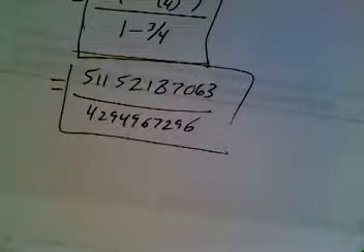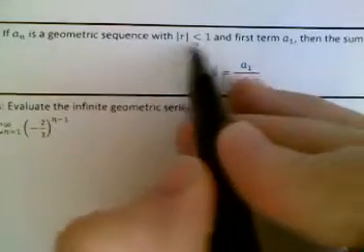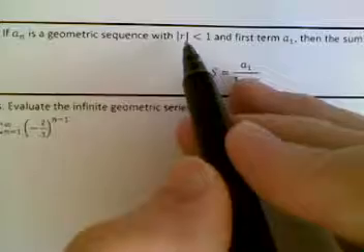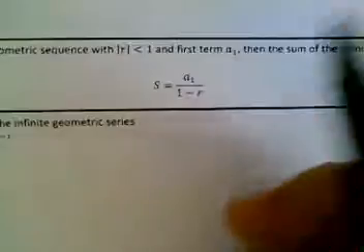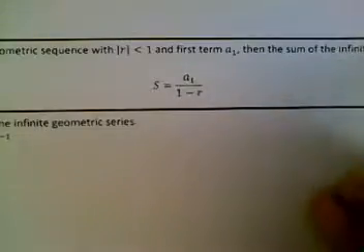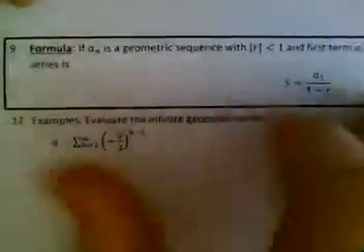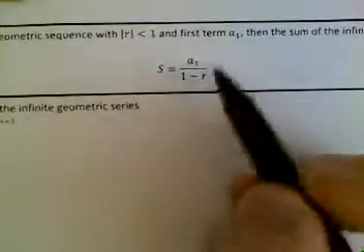Now, you'll notice these numbers have gotten progressively worse as we started playing with them. Well, if we look at formula number 9, if a sub n is a geometric series with r being less than 1 absolutely, that means I'm going to have a fraction that's not greater than 1. And the first term is a sub 1, and the sum of the infinite geometric series is this thing right here.